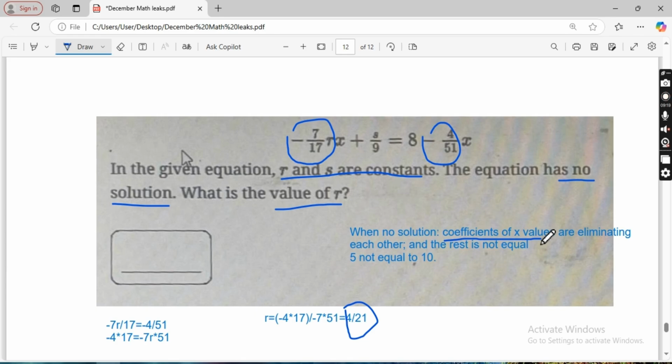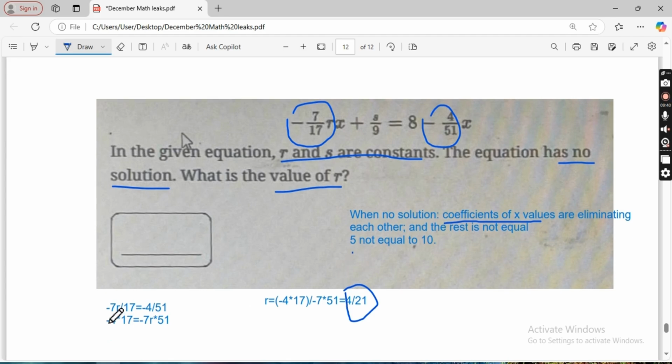So they will cross each other out, and if the rest is not equal, the equation will not have a solution. For example, 5 will not be equal to 10 when the x's are crossed out. Such a case would provide us with no solution.